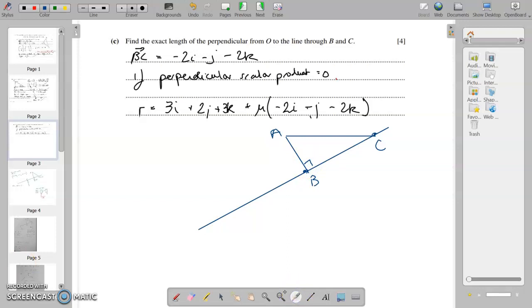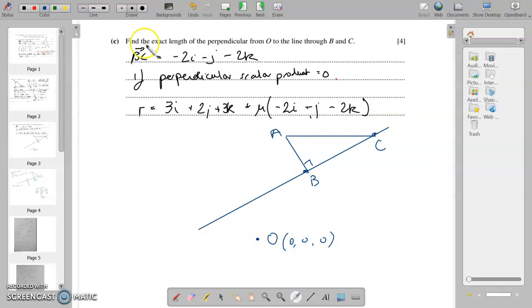Okay, the origin. Well, the origin on this diagram, it could be anywhere. So let's put the origin, let's say, here. So there's our origin. Okay, so the coordinates of the origin are 0, 0, 0. So we've got our origin here and we've got our line BC here.